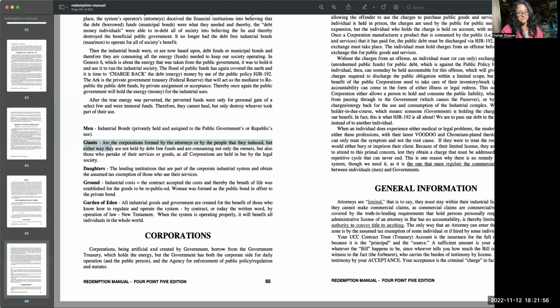But either way, they are not held by debt-free funds and are consuming not only the owners, but also those who partake of their services or goods, as all corporations are held in bar by the legal society. Then there's daughters, the lending institutions that are part of the corporate industrial system.